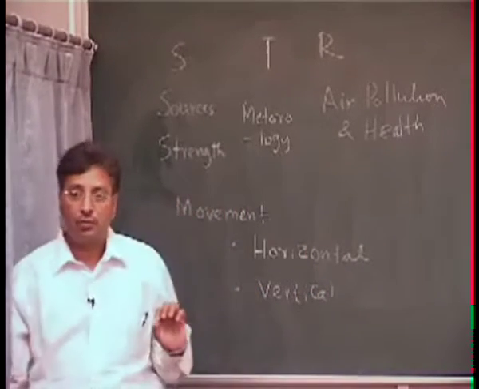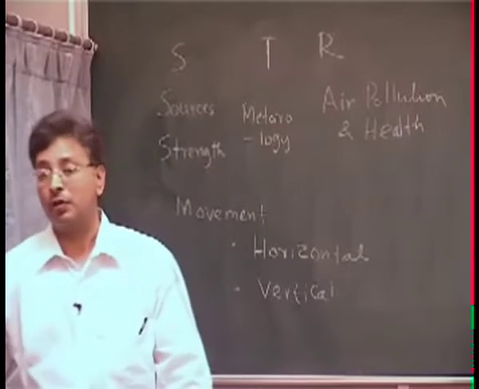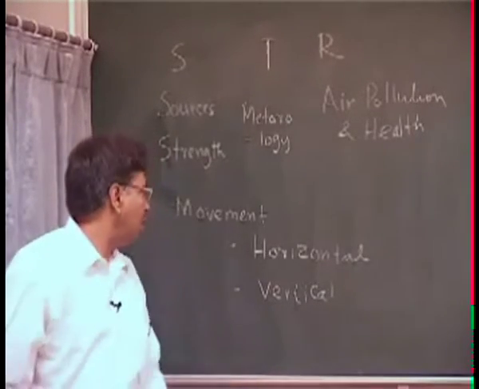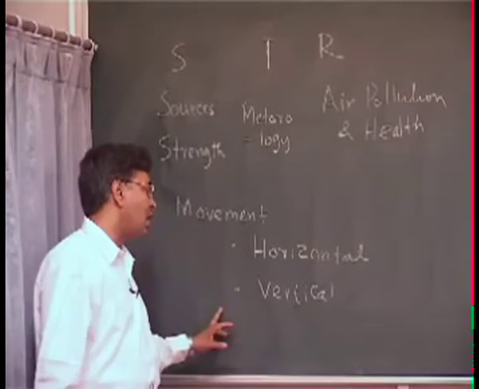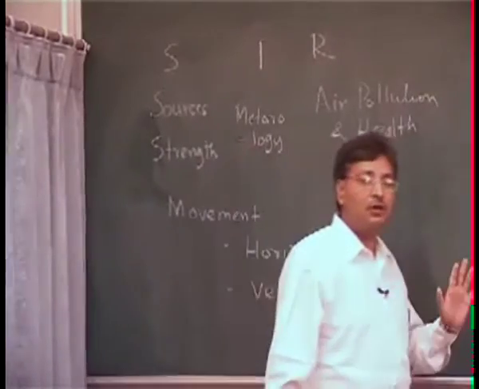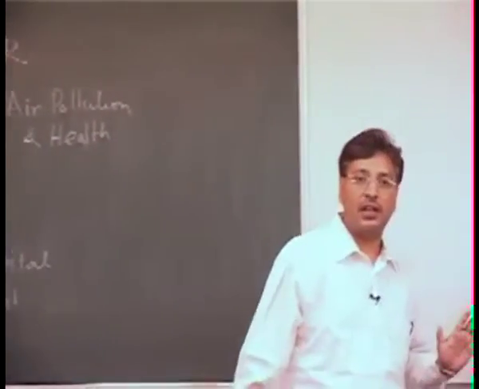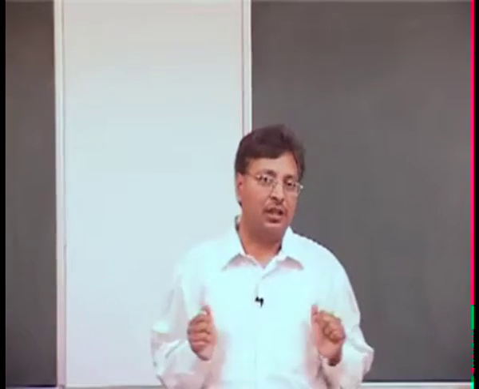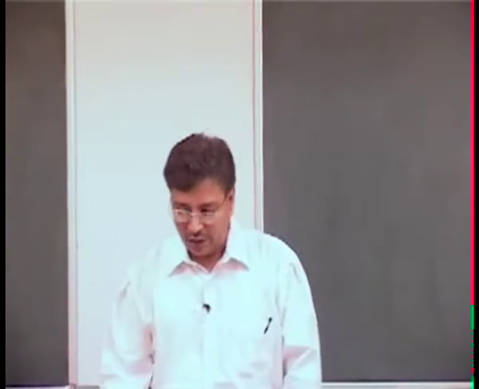Horizontal, we have talked about briefly through the wind roses, wind speed, the wind direction. But the focus now, in this lecture and the coming lectures, is how the vertical movement of the pollutants will be decided, how high they will go, how much they will disperse vertically, because that is also very important to us.